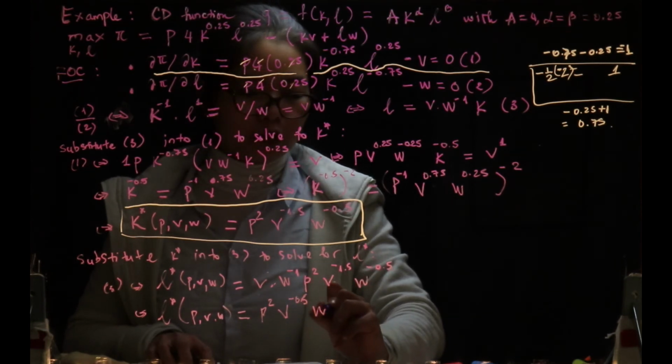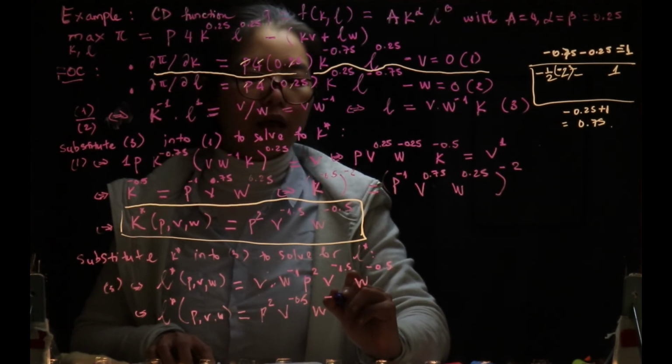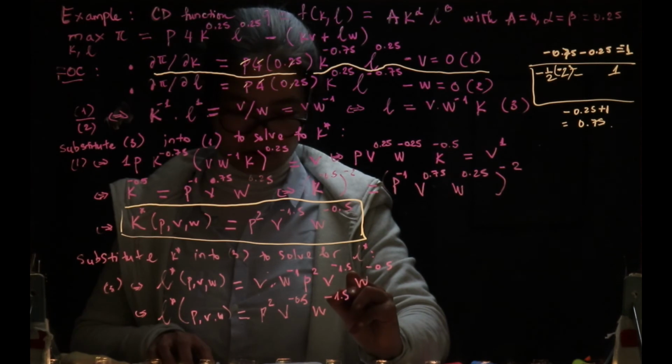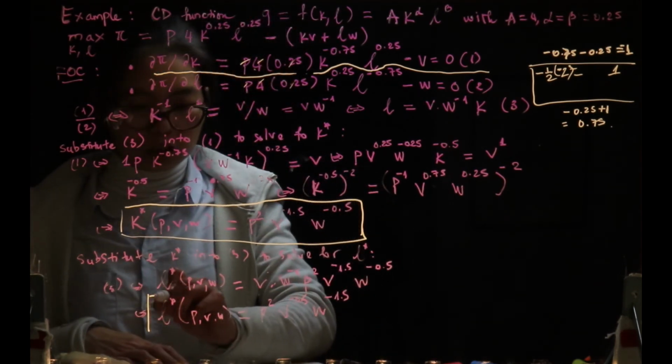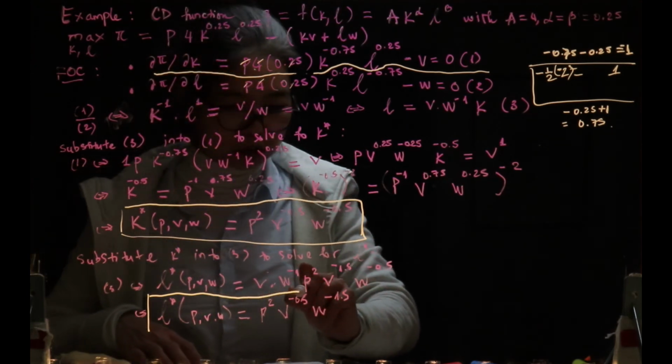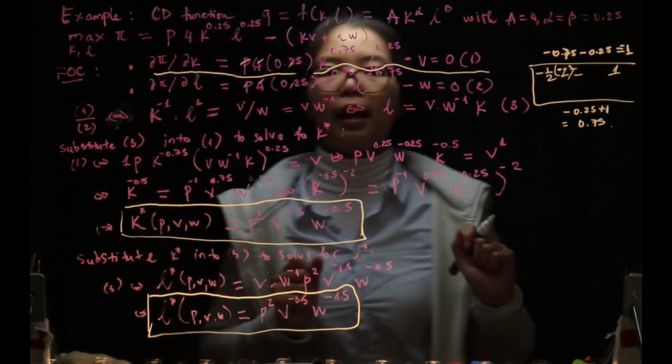And then W minus 1.5. That is the unconditional input demand function for labor.